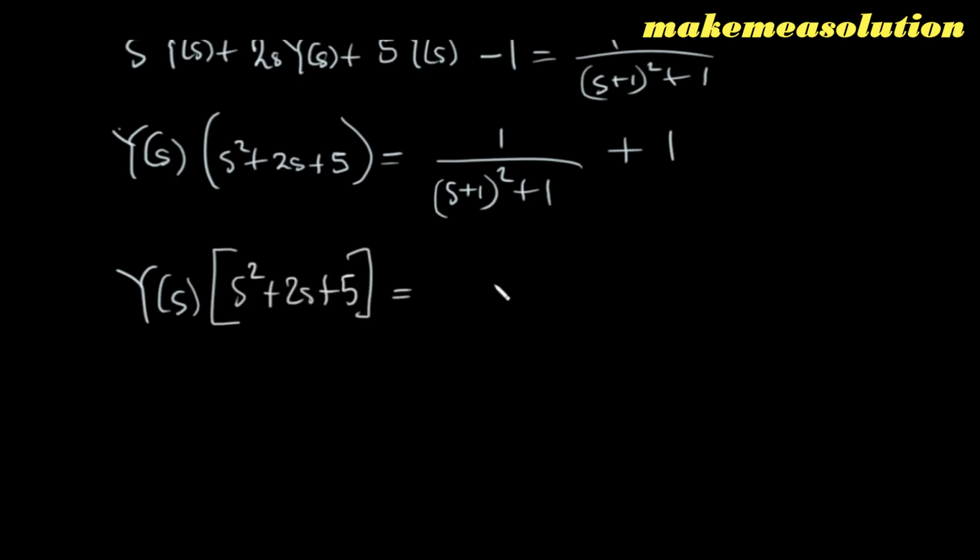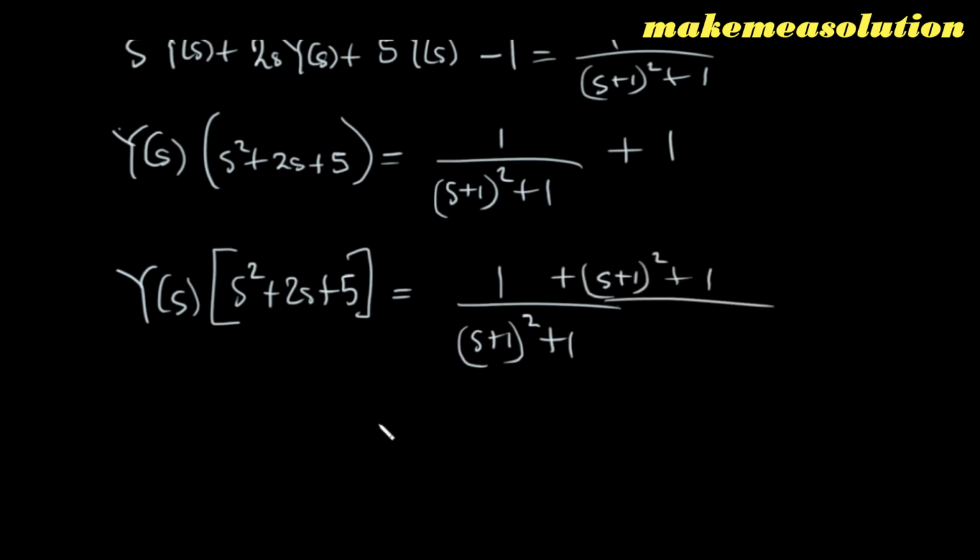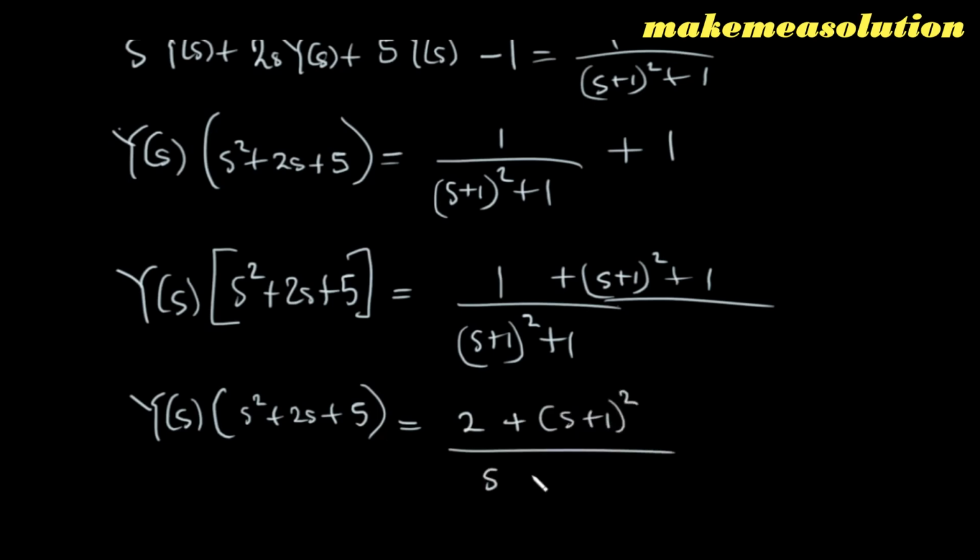So you have s squared plus 2s plus 5, and if we solve this, we're going to have 1 all over s plus 1 all squared plus 1, plus s plus 1 all squared plus 1, like this. So Y of s into s squared plus 2s plus 5 gives us 2 plus s plus 1 all squared, all over s plus 1 all squared plus 1.